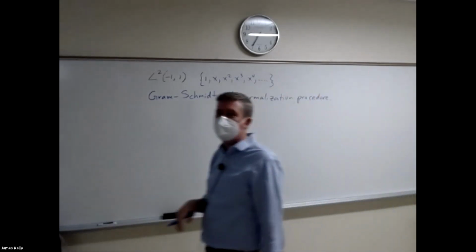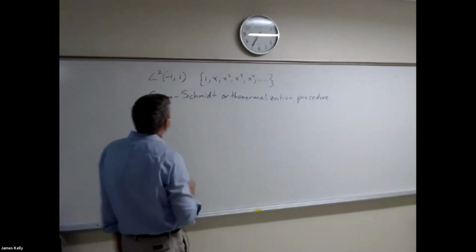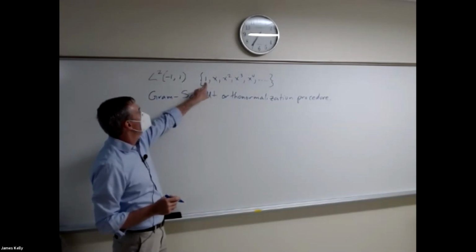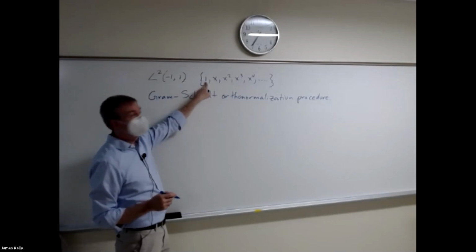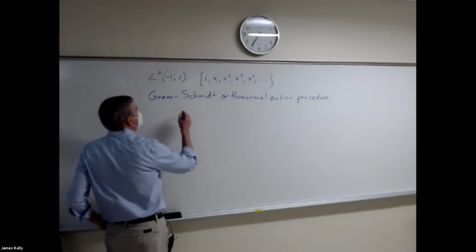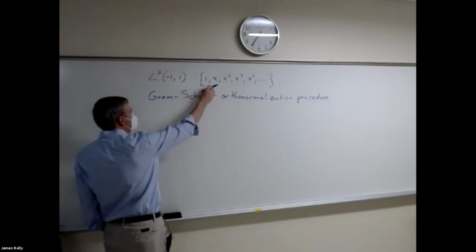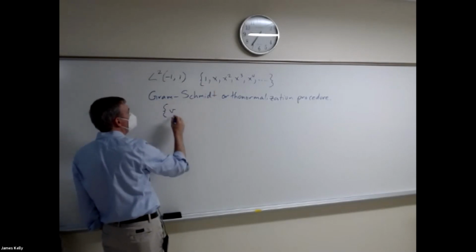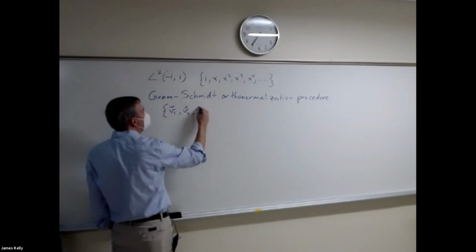Okay, so let's talk about how to do this. It's easiest to think about it just in terms of vectors as we understand them in 3 dimensions, to argue by analogy. So what we're going to do is take the vectors one at a time. Let's just think of a collection of vectors first, without doing it to this collection. Let's imagine I've got a collection of vectors that is complete. Let's call them v1, v2, v3, and so on.